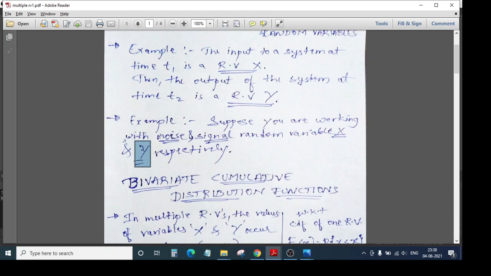Even when we are talking right now, though it's quite silent, there is still some minimum noise. So whatever I am saying is represented by a signal X, and whatever noise is coming is represented with the help of Y. So this is regarding bivariate random variables, what they actually are, and how they are present in our real world.